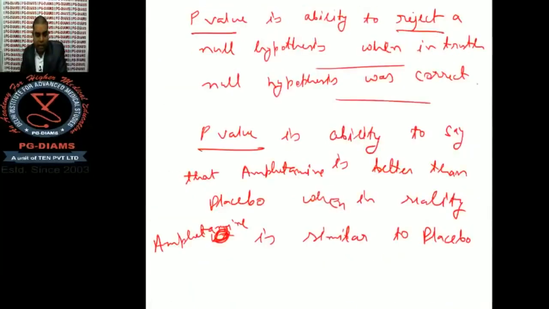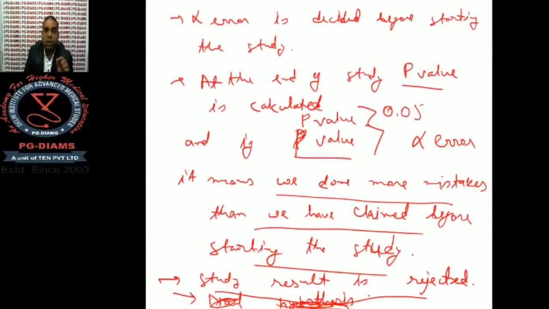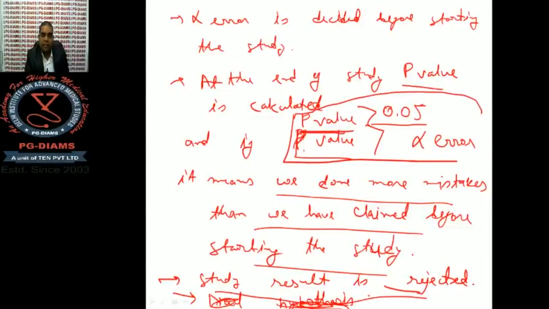Whether or not a result is significant depends on three things. One is, if the p-value calculated at the end of a study is more than 0.05, then the study result is rejected. The second thing, if the p-value is more than the alpha error, then again the study result is rejected. And the third thing is regarding the confidence interval.